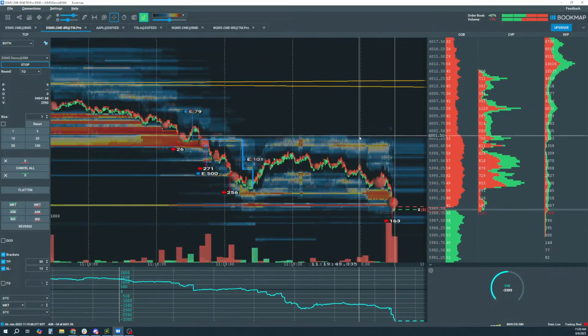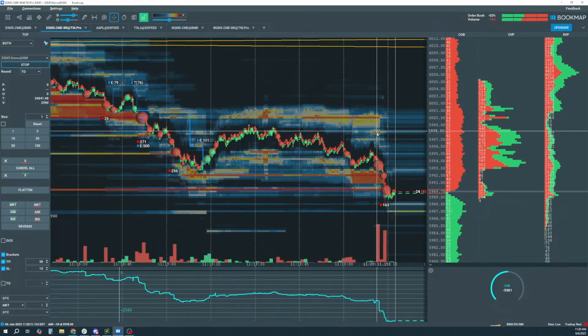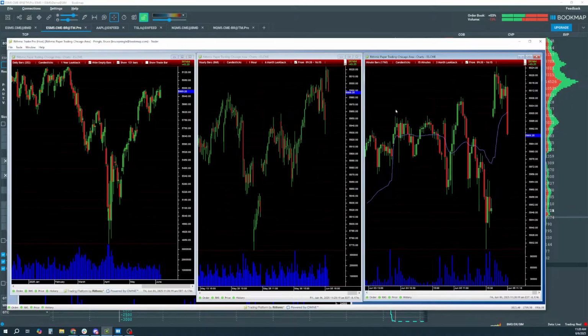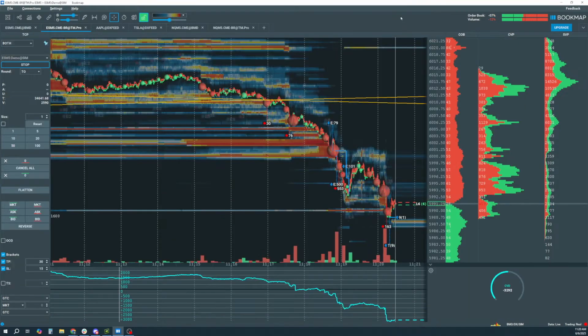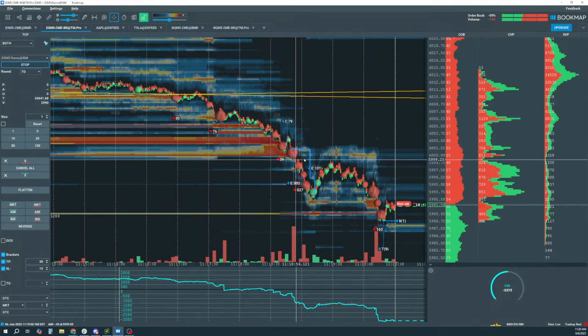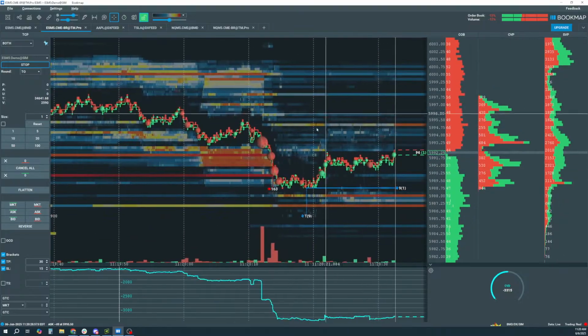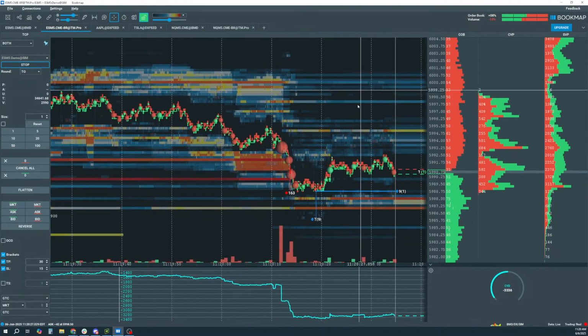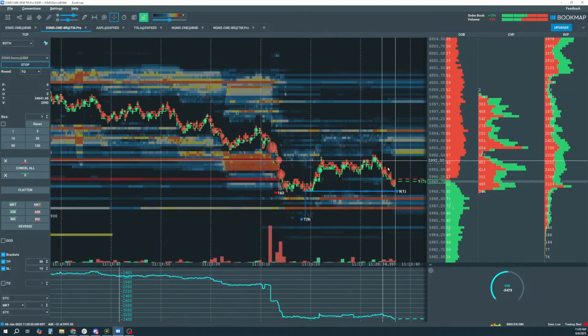All right, guys, more and more selling. Now we're pretty oversold here. Let's take a look at our bigger picture. Where are we? Maybe now we can look for a pullback here. We've accumulated here all the way down and down in here too. I do not see aggressive buyers come in yet, though. I still see sellers.